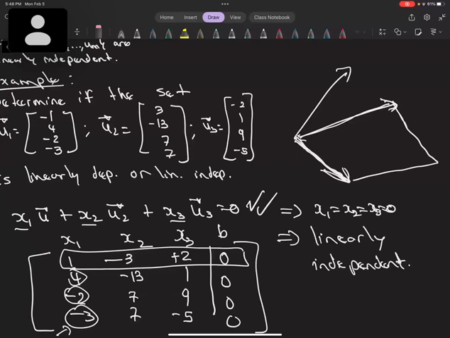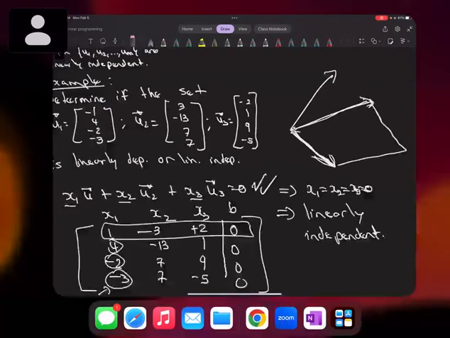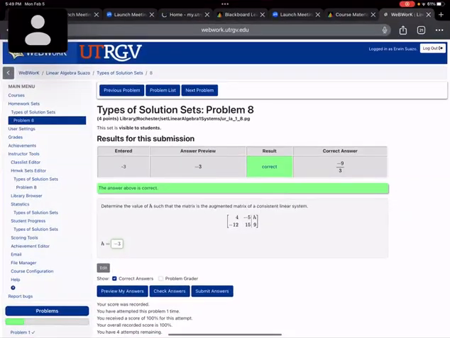So I'm trying to find another nice example. Yeah, I think pretty much it's all that we wanted to do. So I don't find other nice examples. Let's see if WebWork has something nice for us.